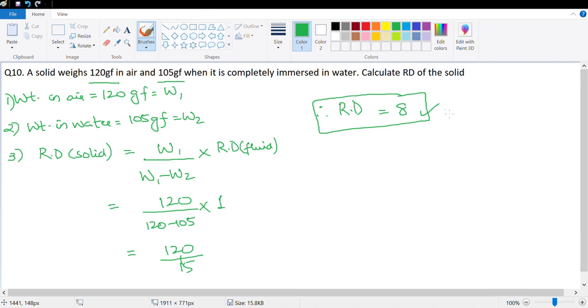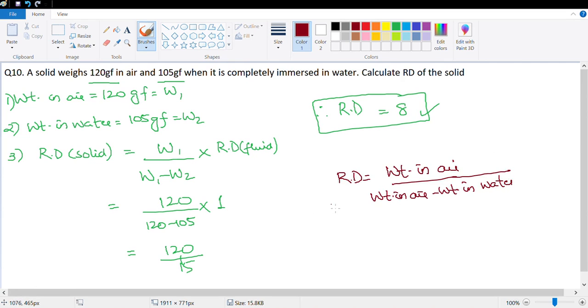Simple question. If you refer to your book, they have given you two formulas. Formula 1 is when it is immersed in water. In that case, they are calling the relative density weight in air upon weight in air minus weight in water. That's formula 1 given in your textbook, the Selina book that you have.